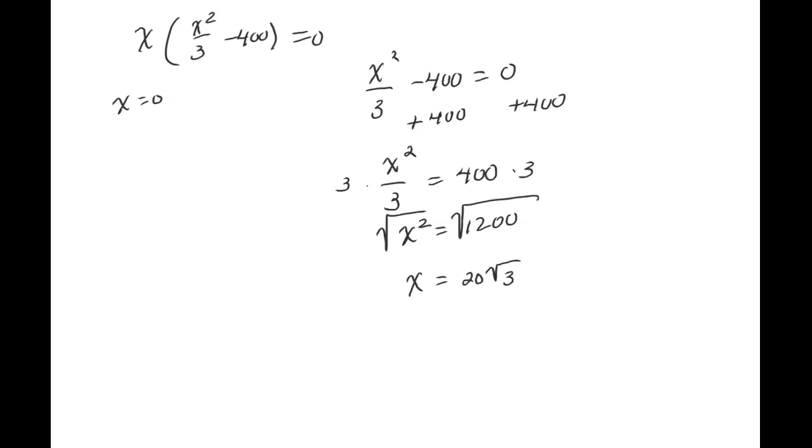Or if I put that into my calculator, I can get the decimal approximation, which is about 34.6. I also know that whenever I take the square root of both sides of the equation, I get two solutions, a positive and a negative solution.